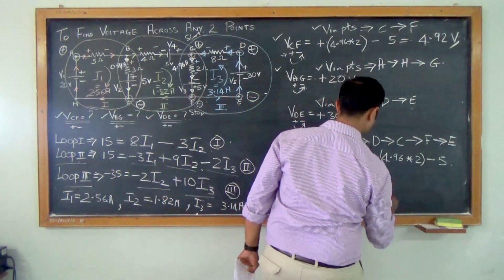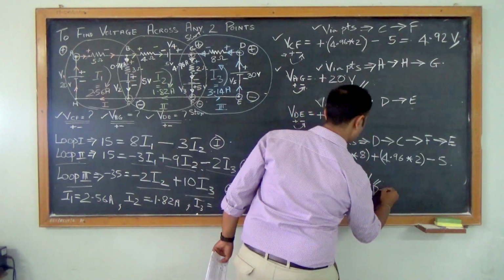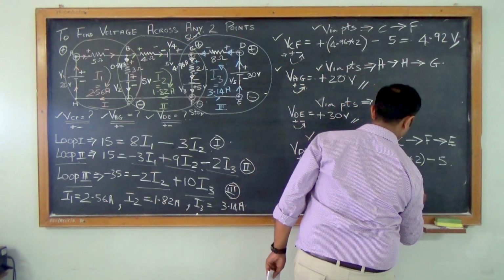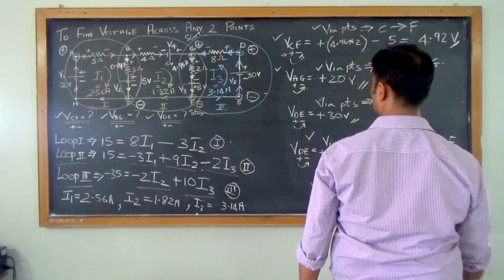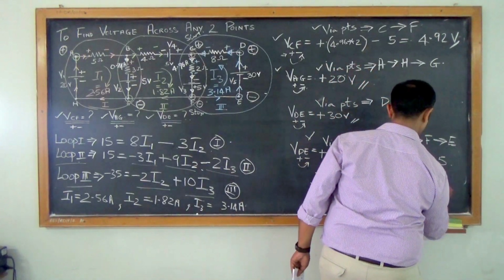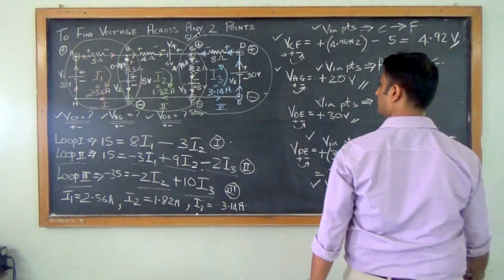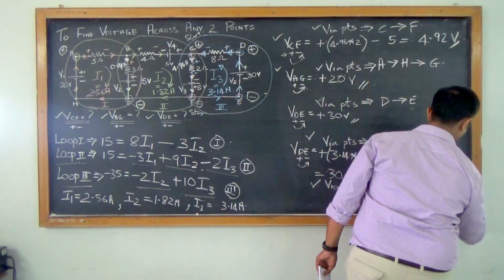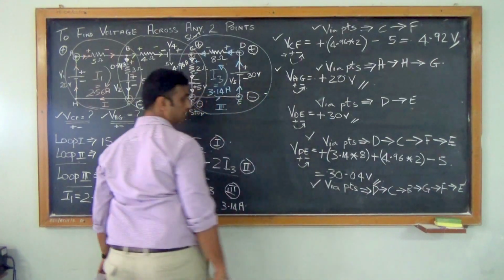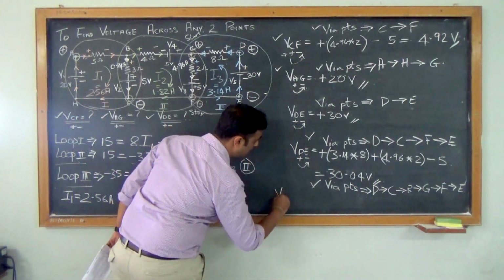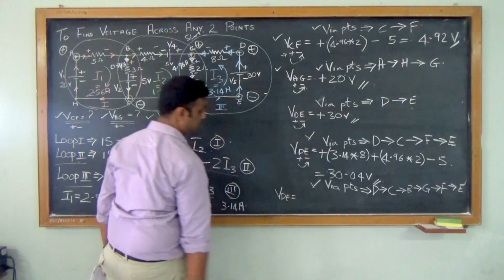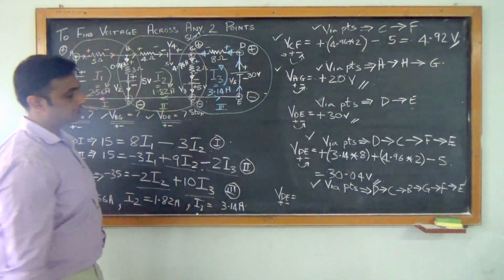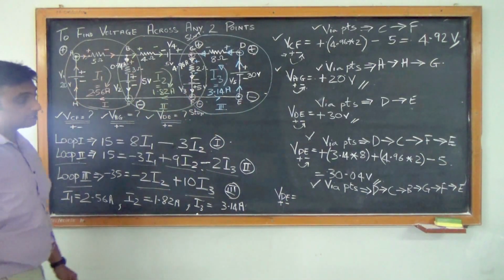So it is D to C, C to B, B to G, G to F, and F to E. So now my VDE will be equal to, obviously positive terminal is connected to D of the multimeter and the negative terminal is connected to E.